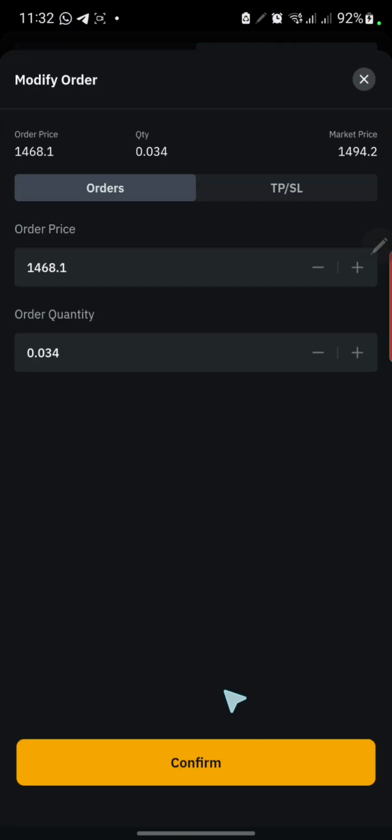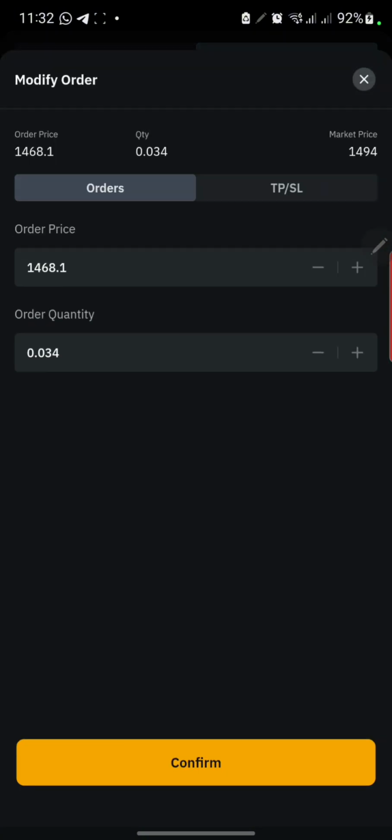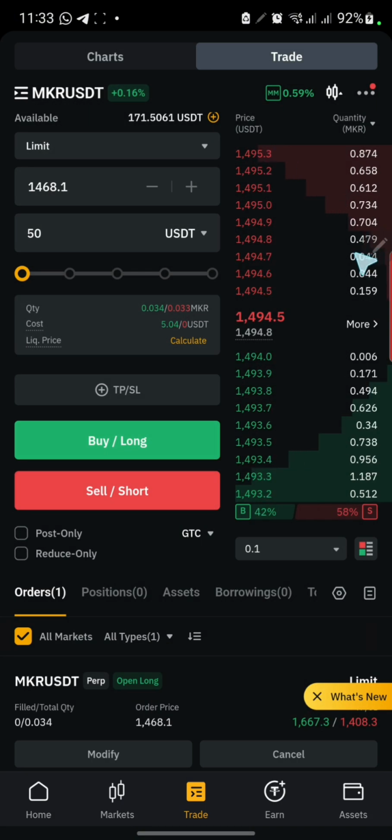If you come to this modify part, you are going to see the TP, take profit, and everything. You can also reset them if you wish. Once the price gets to this amount, it's going to take profit, and once it gets to this lower amount, it's going to sell at a loss. So that is how this works.